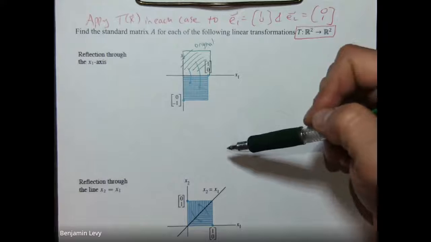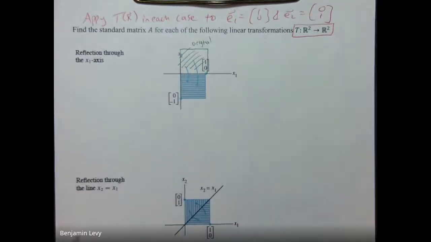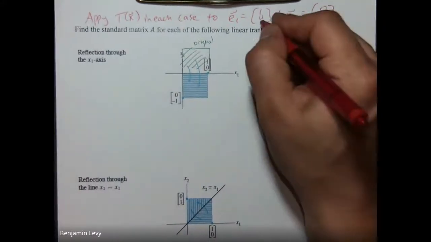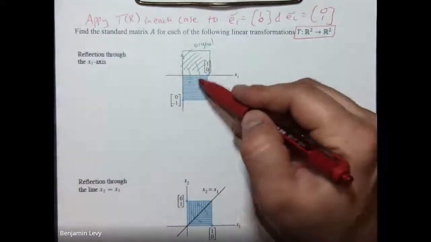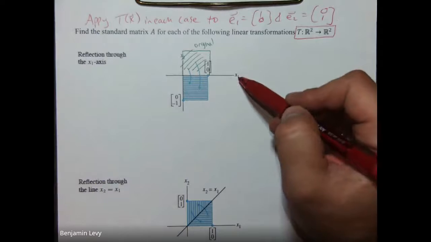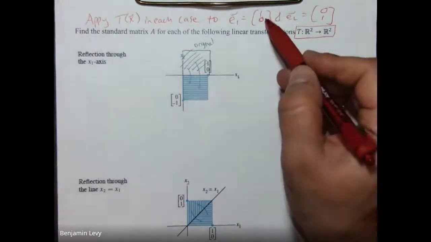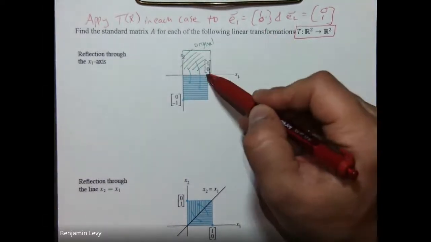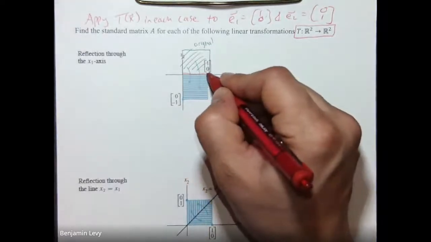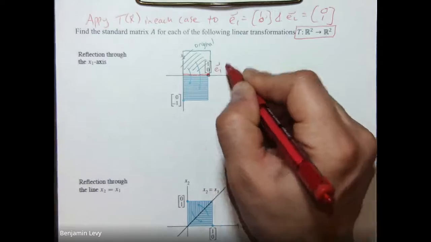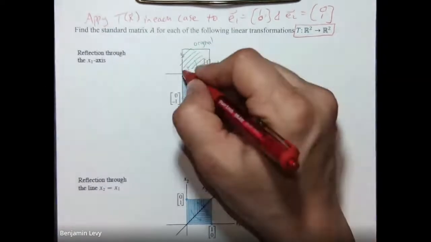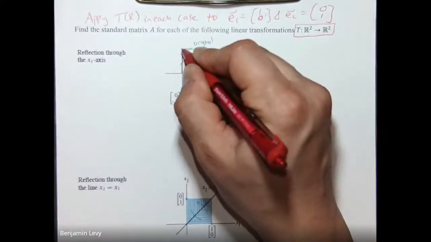And so what we want to think about is what happens to the vectors e1 and e2. Right, so the vectors e1 and e2 are actually on the original picture, right? So this is the x1 axis, the x2 axis. So that the vector 1, 0 is right here. Right? This is 1, 0 right here. And e2 is the other side of this box, 0, 1.